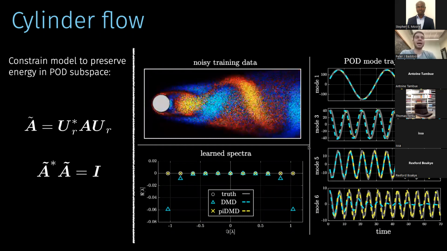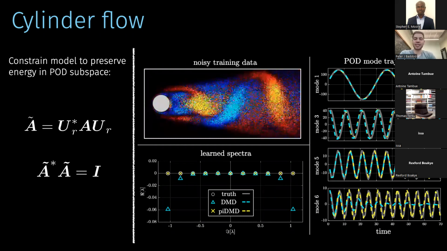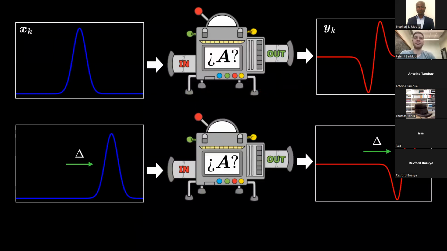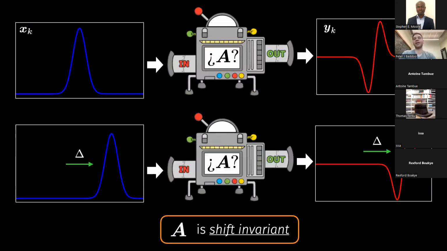So another big application area that we've looked at is shift invariance. By shift invariance, I mean that if we have a model, which is A, and we might not know how A behaves, but we might know that if we shift our input and we plug that into A, then we get the same output, but shifted by the same amount. So let me just go through that again.